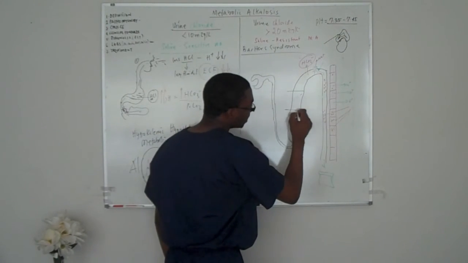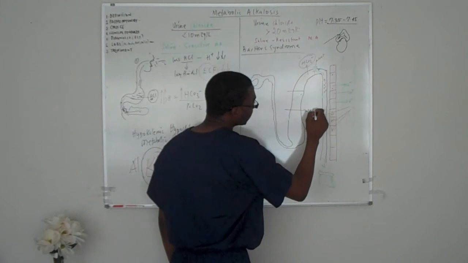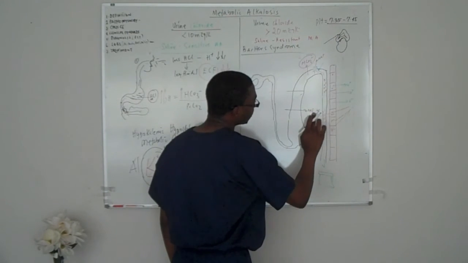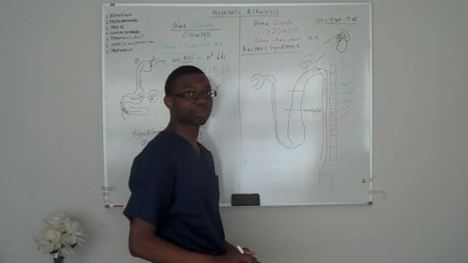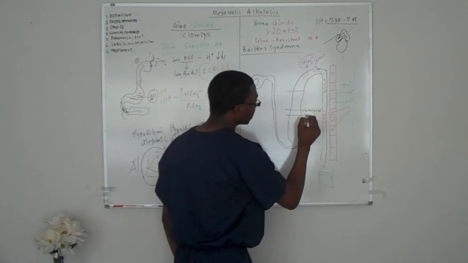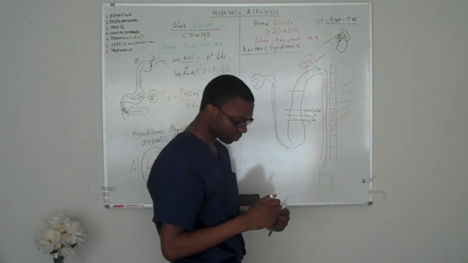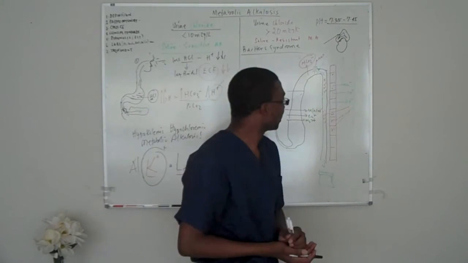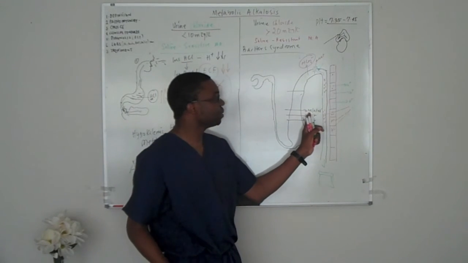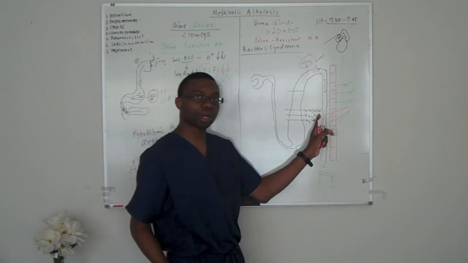In this junction is where you get the sodium-potassium-2-chloride co-transporter. And also in this junction is where calcium and magnesium are being absorbed. Some people, we don't know why, can develop the inability to reabsorb sodium and chloride.